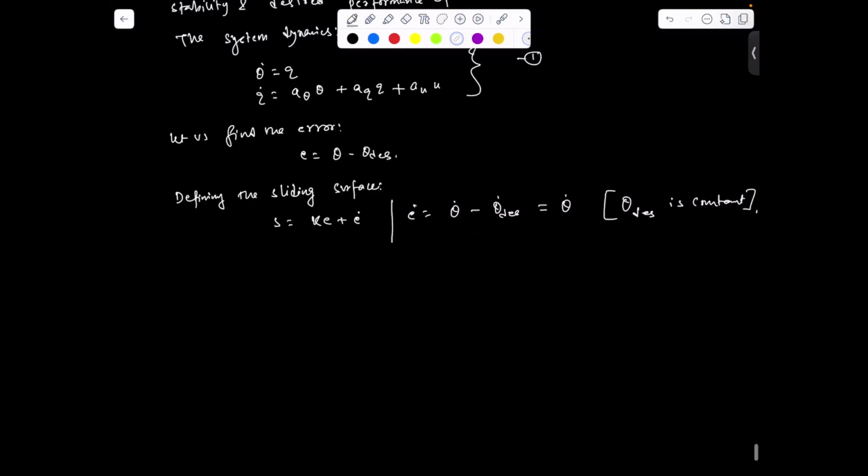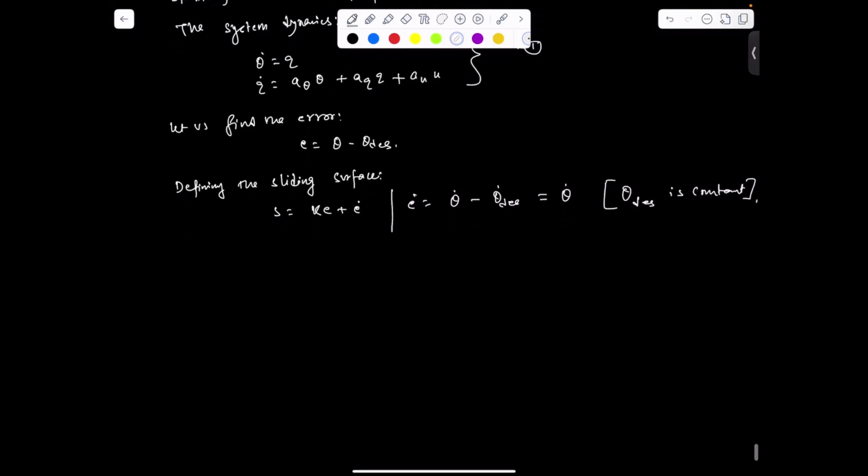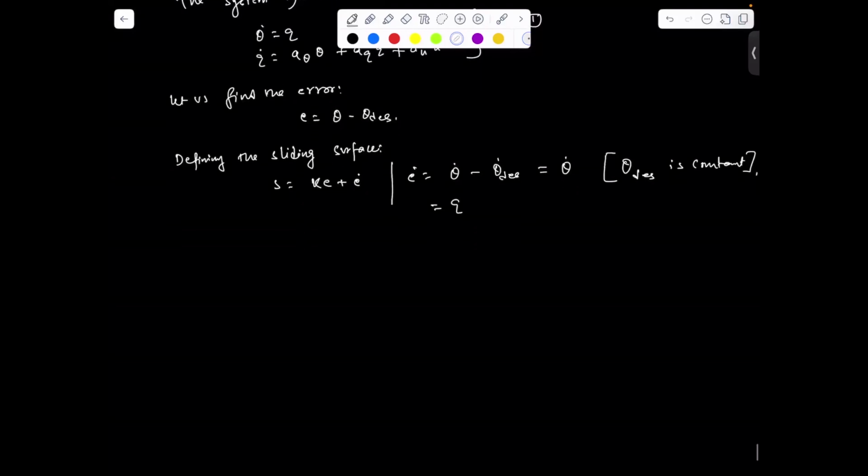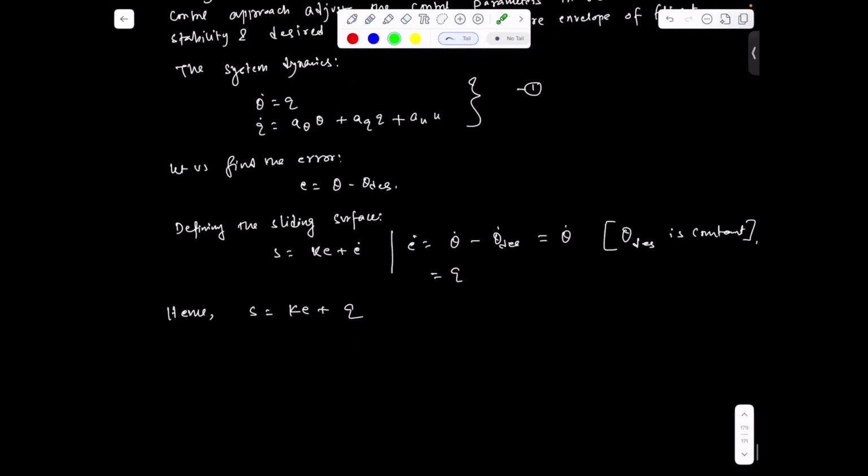So we can write e dot equal to q. Using this, the sliding surface can be redefined as S equal to k e plus q. In place of e dot, we can write q here. Let us define this as equation number 2.